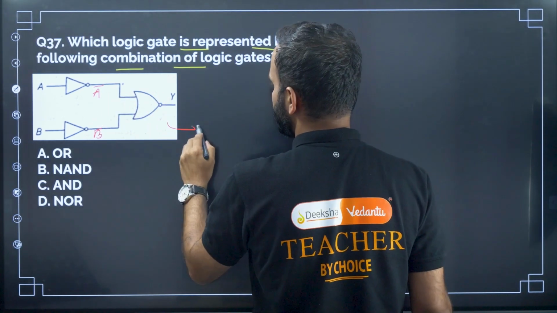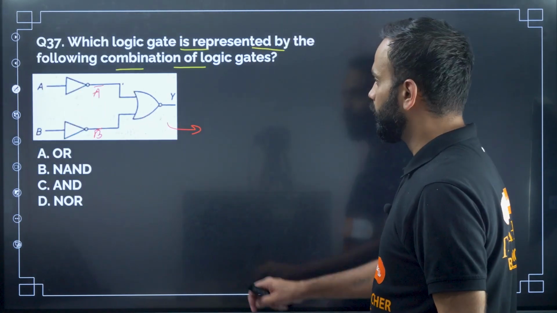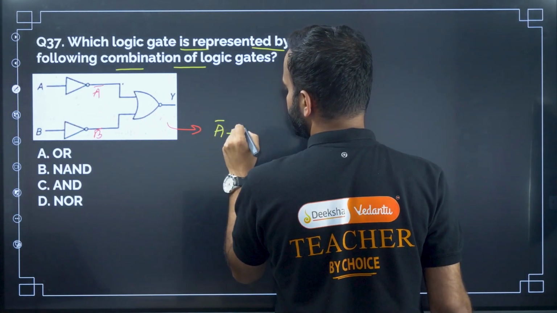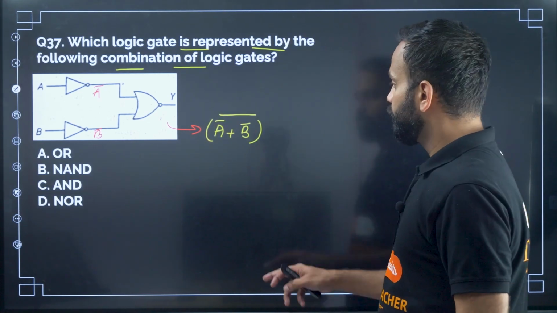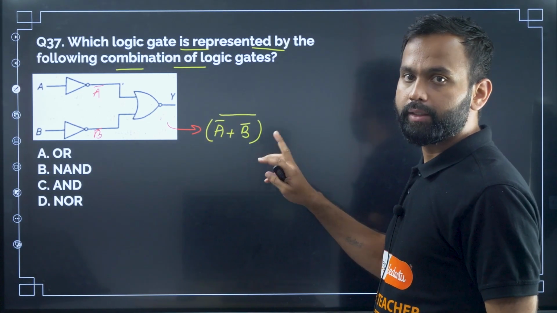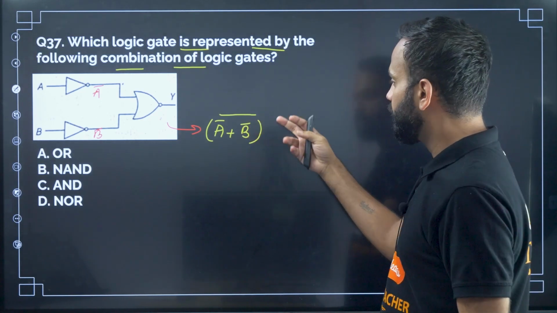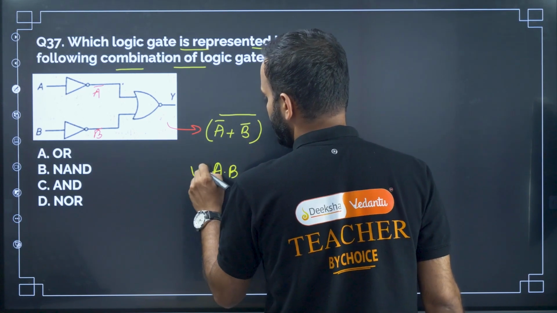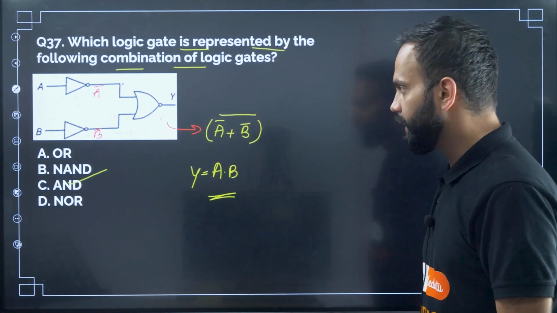Then this is a NOR gate, so the output will be (A bar plus B bar) whole bar. We know that (A plus B) whole bar is A bar dot B bar. Here (A bar plus B bar) whole bar is A bar bar dot B bar bar. So that will be A dot B. So the correct option is C, because the output of a NAND gate... the output is A dot B.